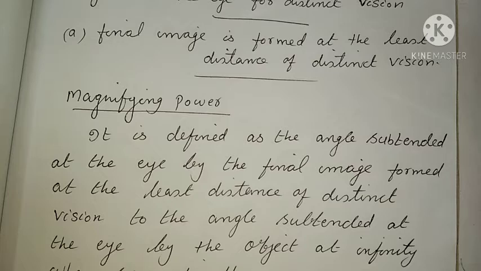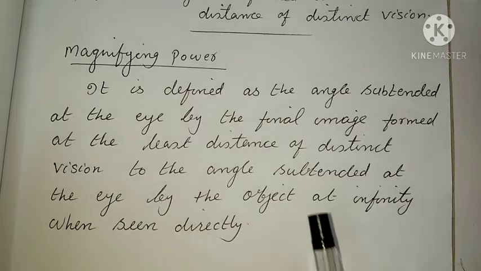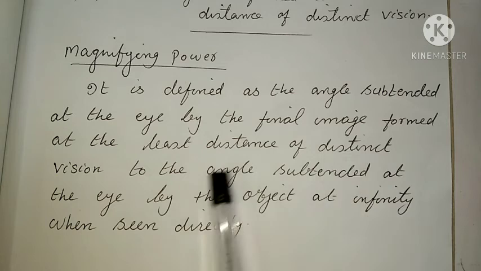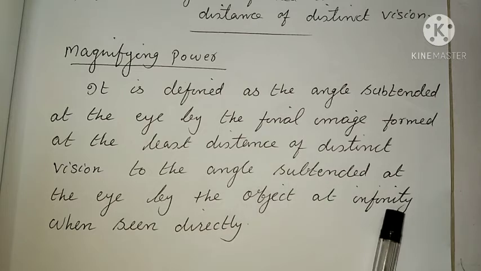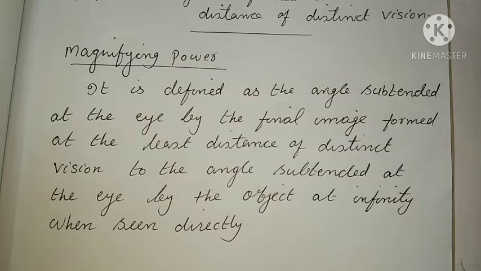Like in the compound microscope, here also there are two cases. The first case: the final image is formed at the least distance of distinct vision. So we want to find out the magnifying power in this case. What is the magnifying power? It is defined as the angle subtended at the eye by the final image formed at the least distance of distinct vision, that is D, to the angle subtended at the eye by the object at infinity when seen directly.